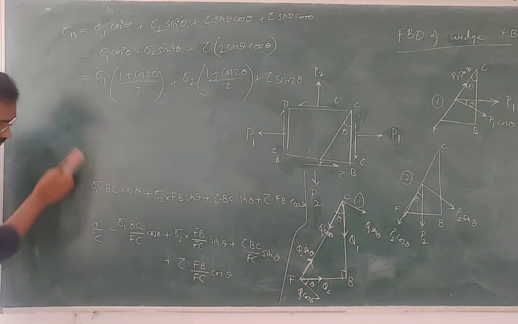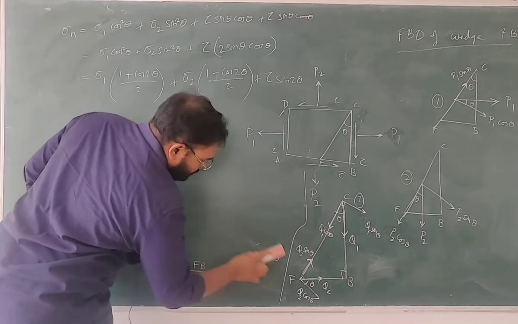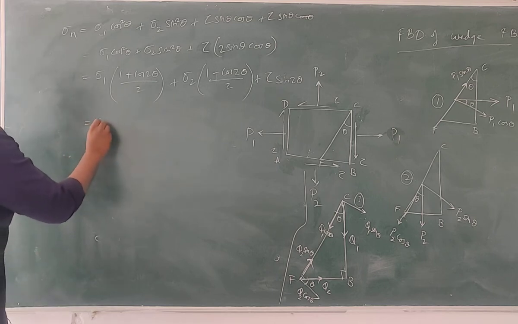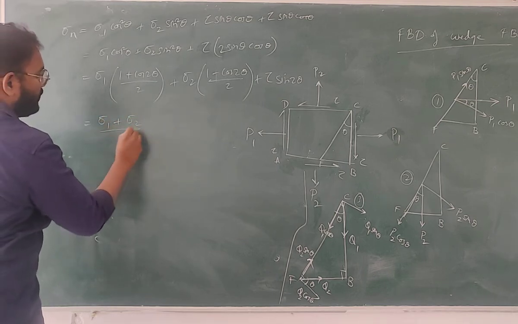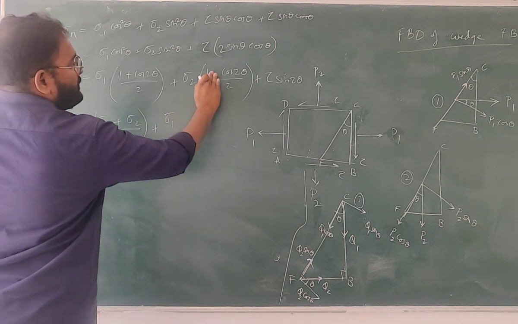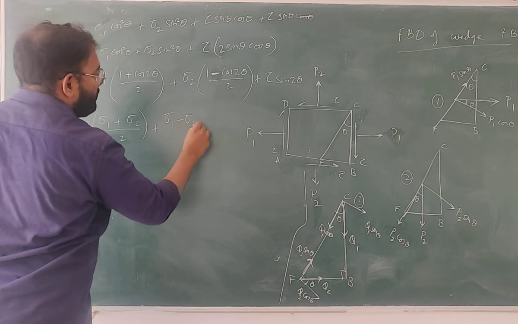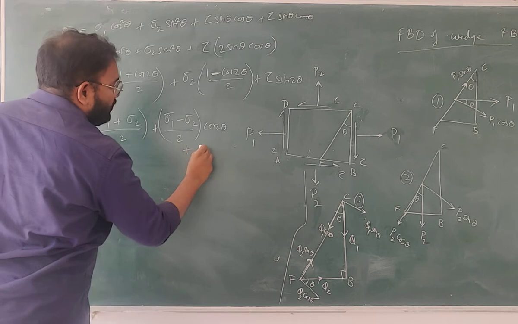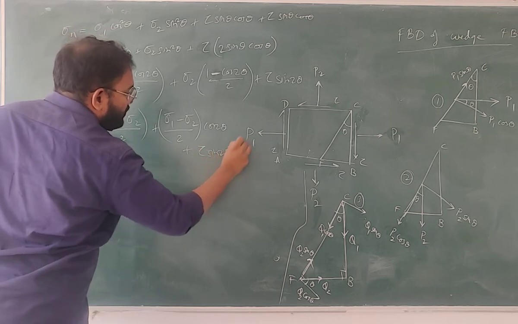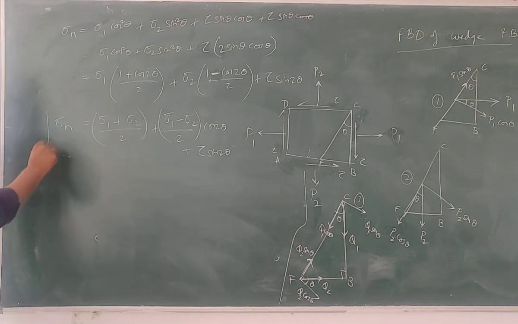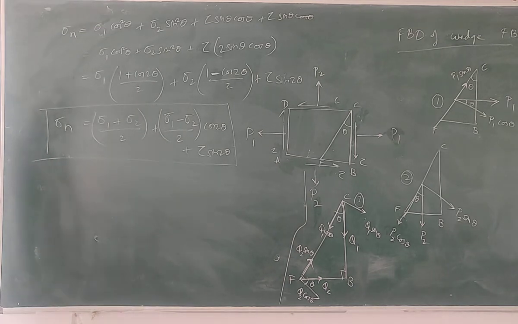Or if I take common, sigma 1 plus sigma 2 by 2 plus, this is minus, sigma 1 minus sigma 2 by 2 into cos 2 theta plus tau sin 2 theta. So this is the equation for sigma n.